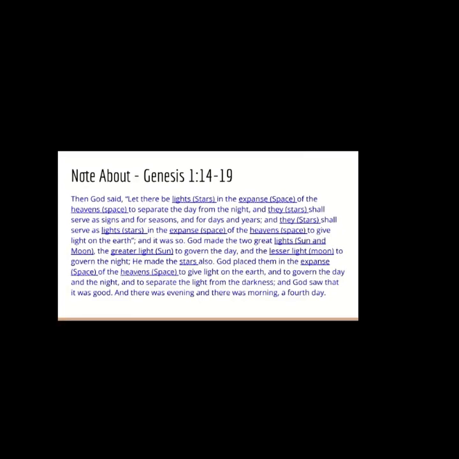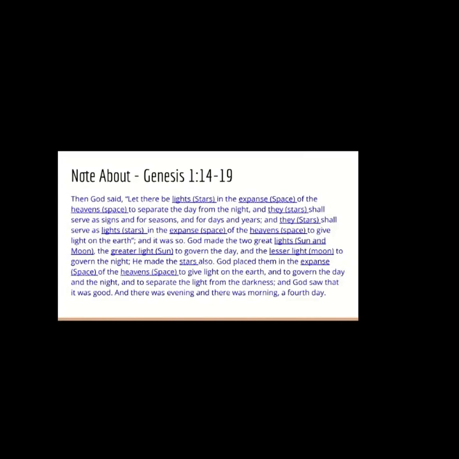We find in verses 14 through 19 that when God said, let there be lights, this would be stars in the expanse, which is space. We've already determined in verse 6 that the waters were separated into the atmosphere, and the expanse above was called the heavens. That's where stars are created, and that's what we call space today.